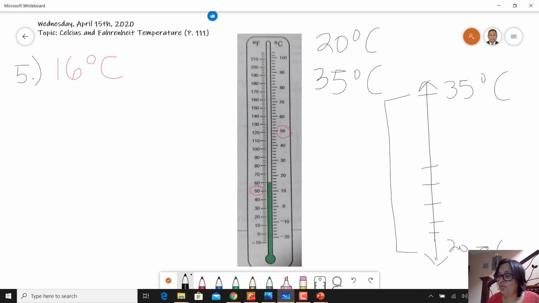And the same you are going to do in 12, but in 12 you have 5 Celsius degrees to minus 15 Celsius degrees, so be careful with that. And in number 13 you have 67 Fahrenheit degrees to 49 Fahrenheit degrees.